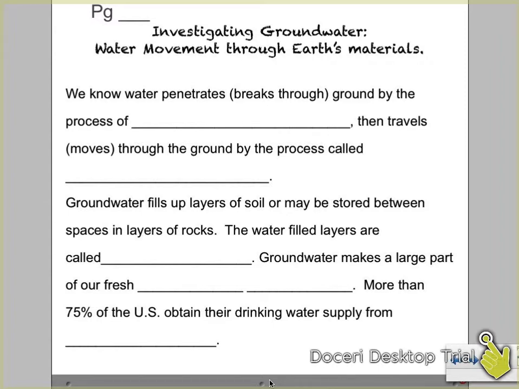All right, so we know that water penetrates or breaks through the ground by the process of what? Raise your hand. Devin. Infiltration.